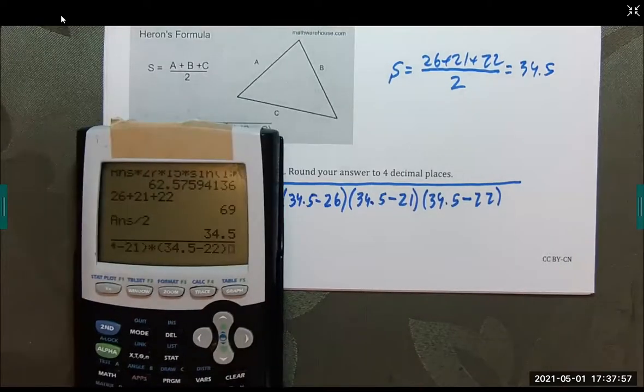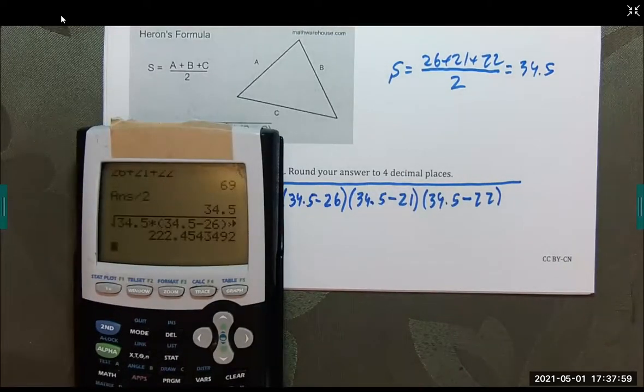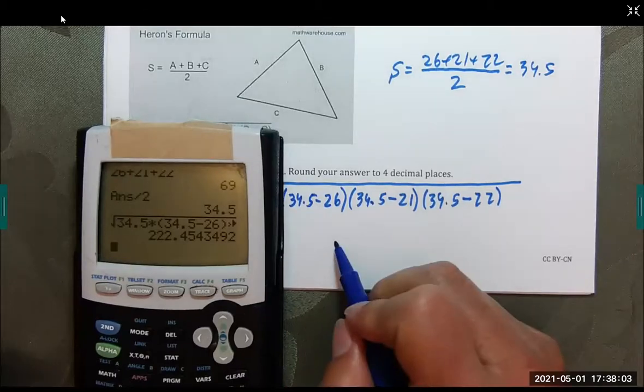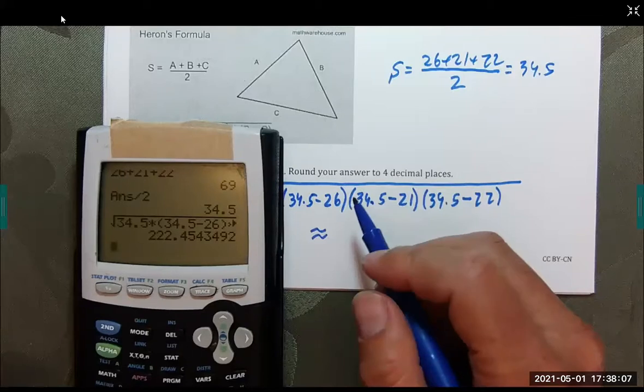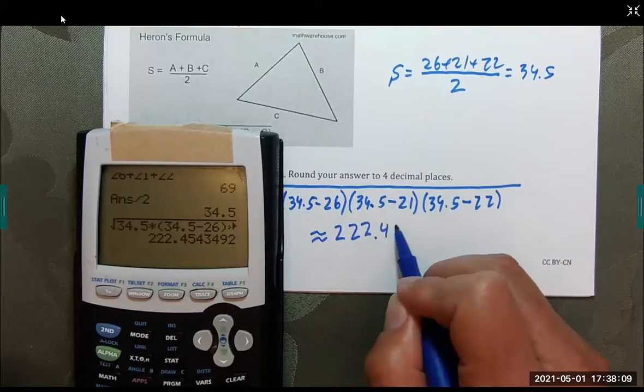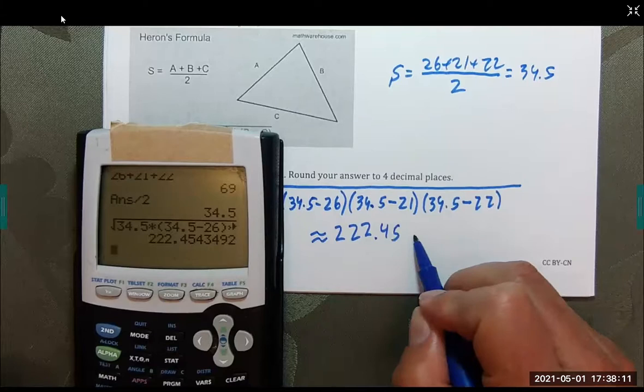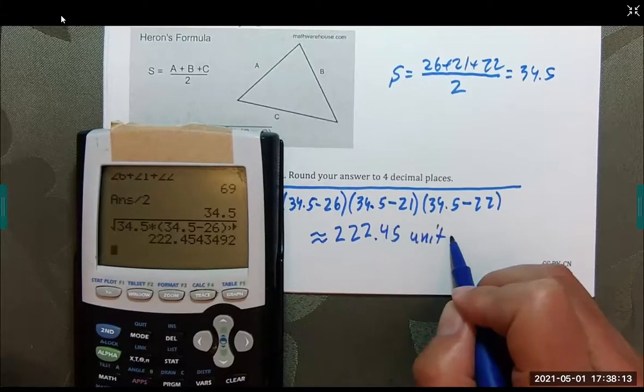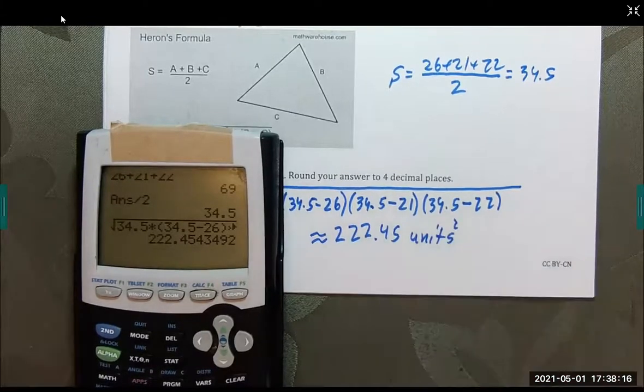Let's see what we get. So we get about 222.45. Again, that's square units, square units like that.